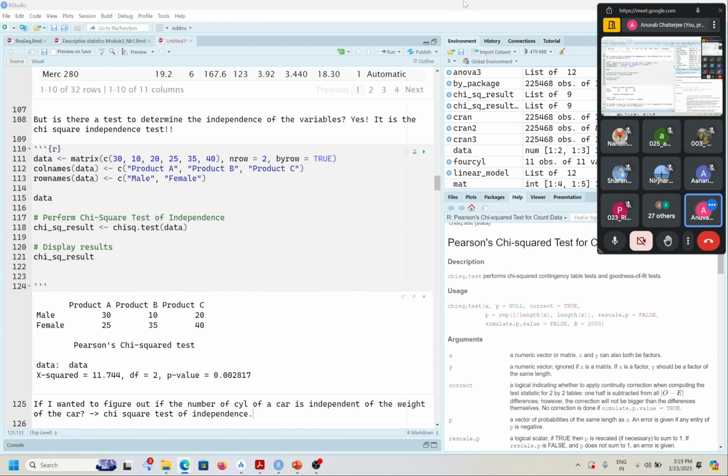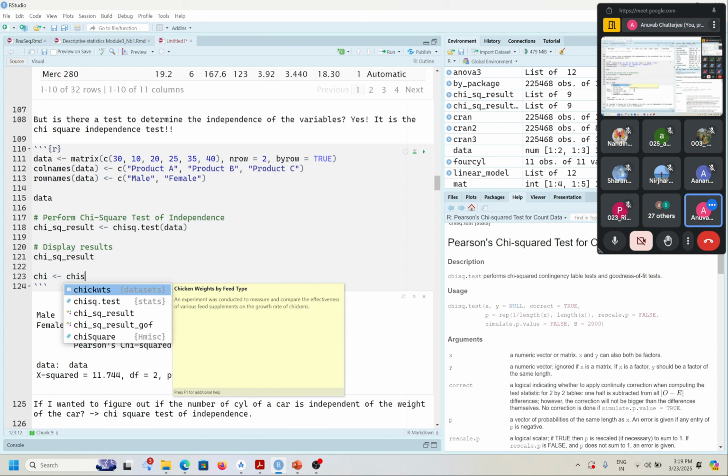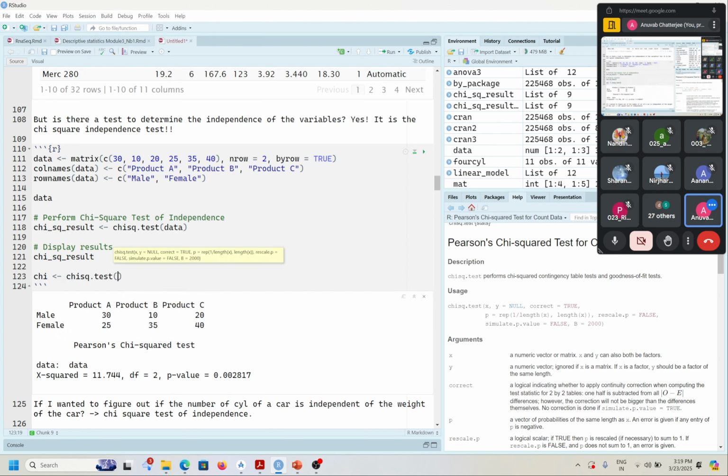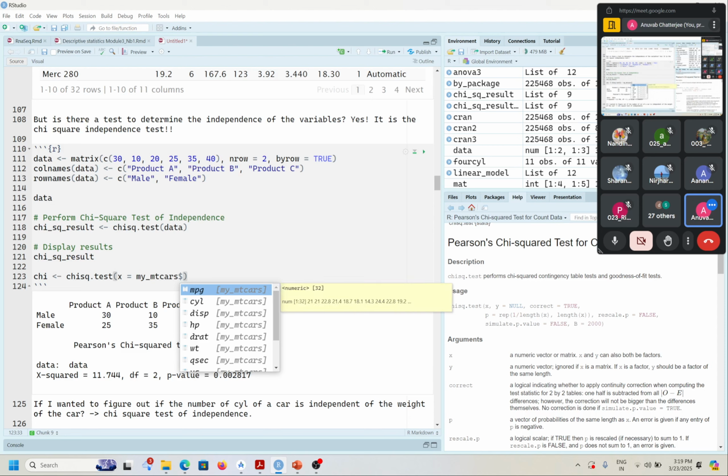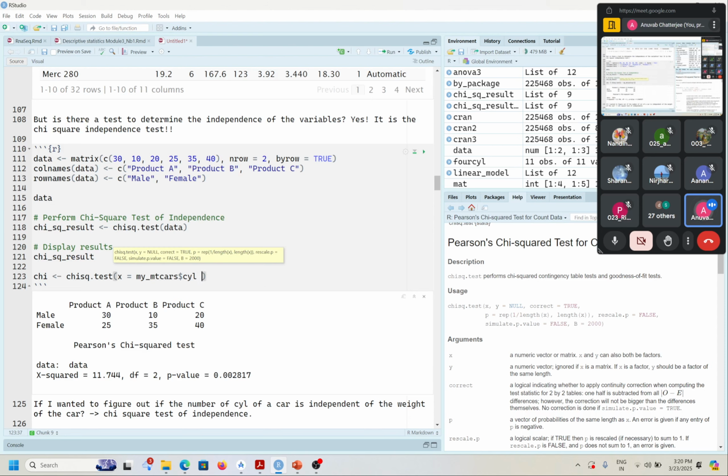Let me try running it. It should be a matrix, x equal to, so we are doing it between cylinders and the weight.